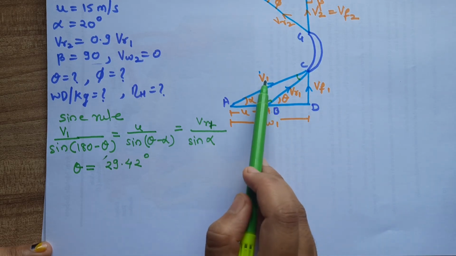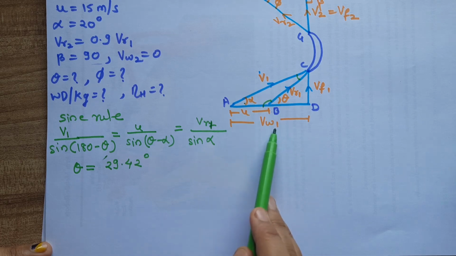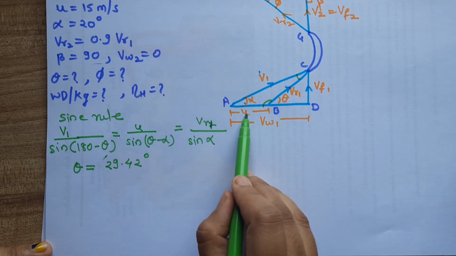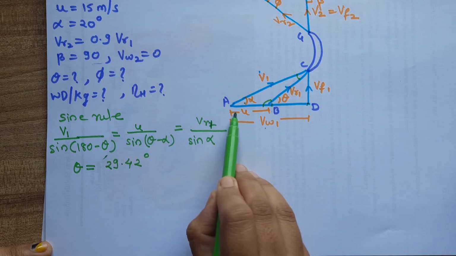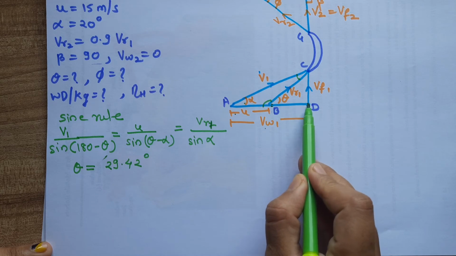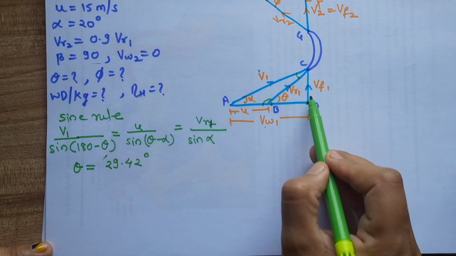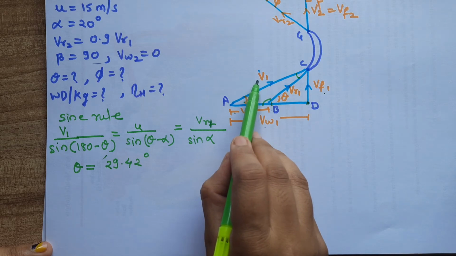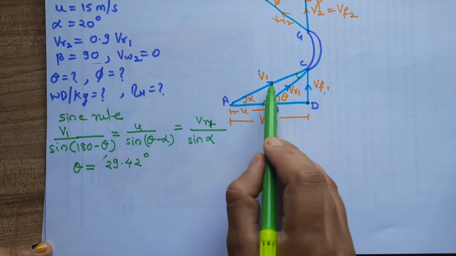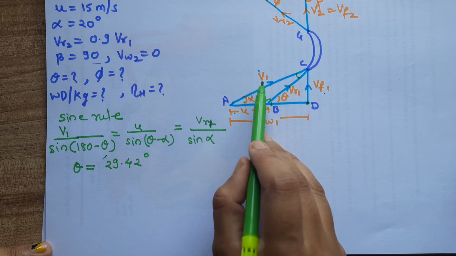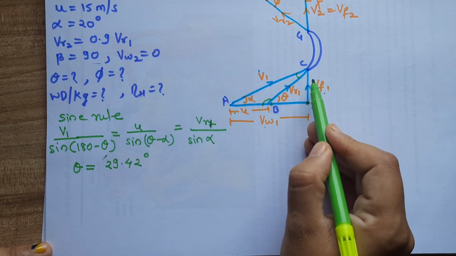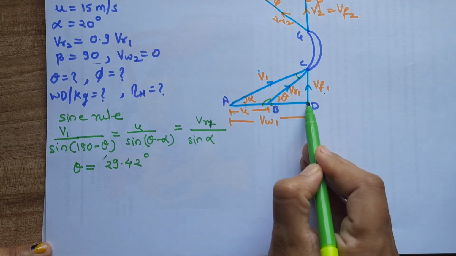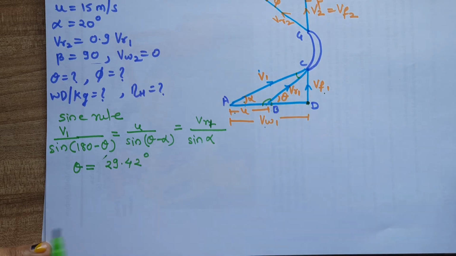That is, we know V1, we know alpha, so we can find VW1, and we also know U. So we can find this BD distance by using VW1 minus U. Now once we have found this BD distance, for theta we also must know VF1. By using V1 and alpha, that is VF1 is equal to V1 sine of alpha, we will get VF1. Now we have got this CD as well as BD. Now by using the tan theta we can find theta angle over here.